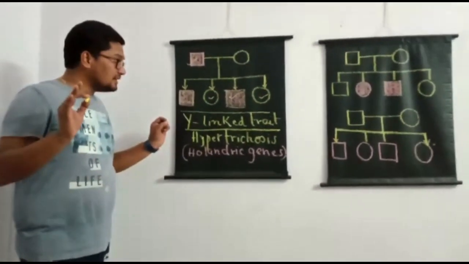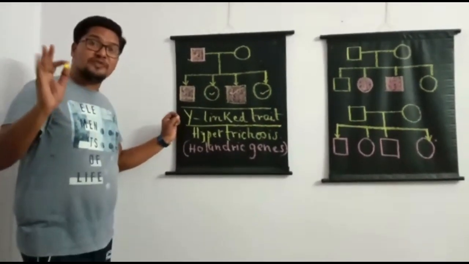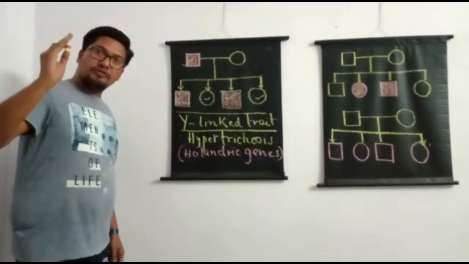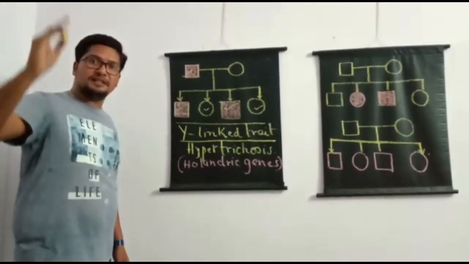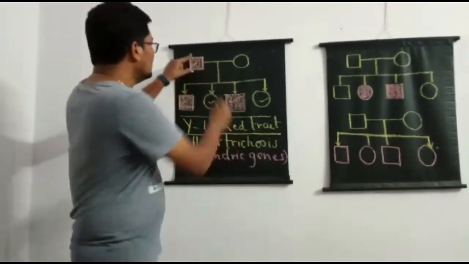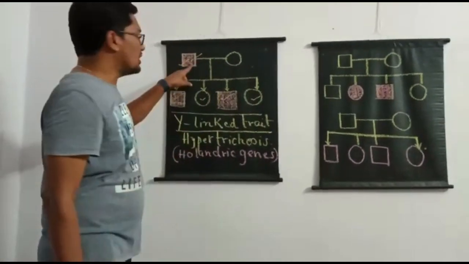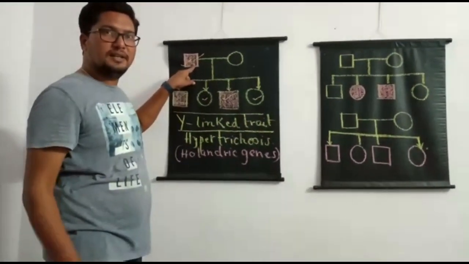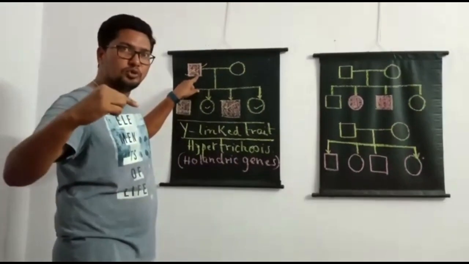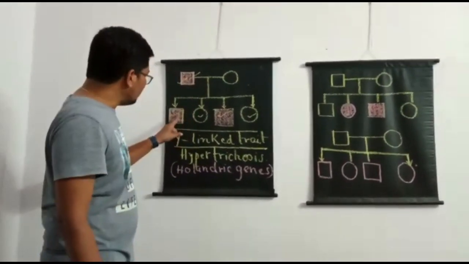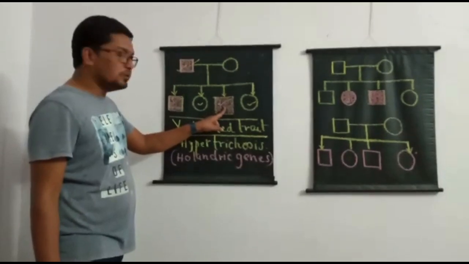Why am I telling this so confidently? Because it is very clear. At the time of inheritance, a son always receives the Y chromosome from the father. And here you can see, the father is affected, meaning on the Y chromosome of the father, the gene for the disease is present. As a son always receives the Y chromosome from the father, the gene for the disease is inherited by both the sons.